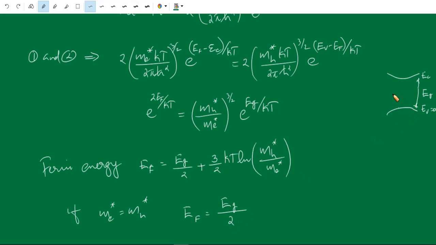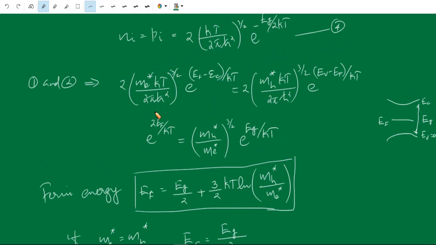So the Fermi level comes here. So this is EF in the middle of the forbidden region. EF is equal to Eg divided by 2 if the hole and electron effective masses are equal. So this expression is very important. You may get some questions from this.